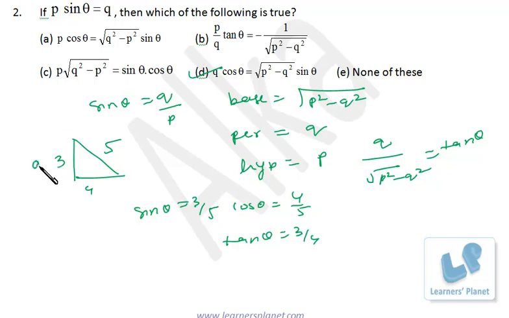This is actually q, this is p and this is root of p square minus q square, right? Now you quickly put the values over here, and this option will be satisfied. That's tan theta is equal to q upon root of p square minus q square, that's 3 by 4, right? So this way you can do the calculation faster and save some time.